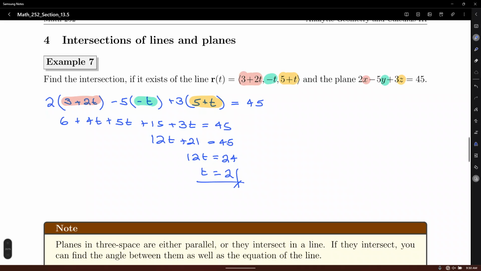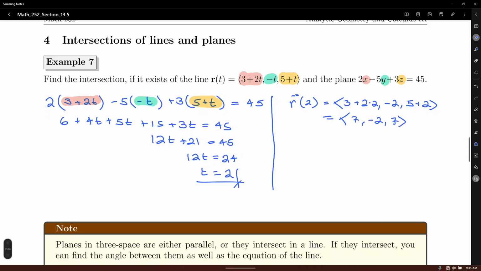So that means we need to go back to the beginning, the vector valued function, and evaluate that at 2. That is 3 plus 2 times 2, negative 2, 5 plus 2. And then just simplify all this. 4 plus 3 equals 7, negative 2, 7.